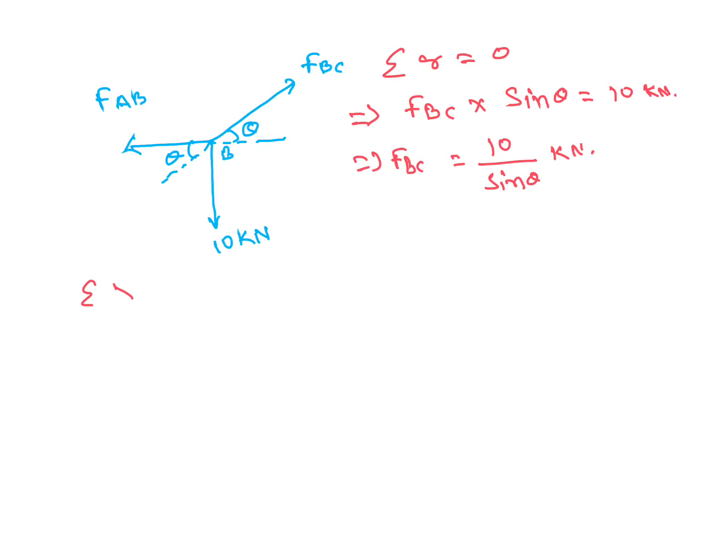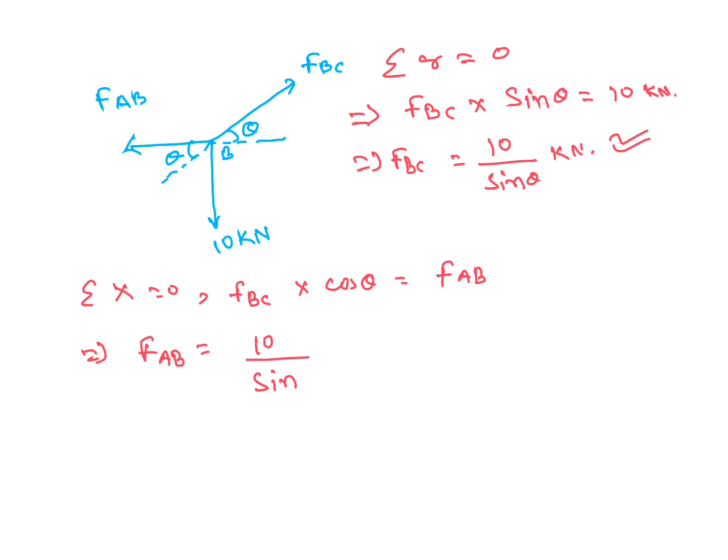Along horizontal direction, FBC into cos theta equal to FAB. We have to calculate this one, FAB. Force along AB. FBC, here we got 10 by sin theta into cos theta, or 10 by tan theta.